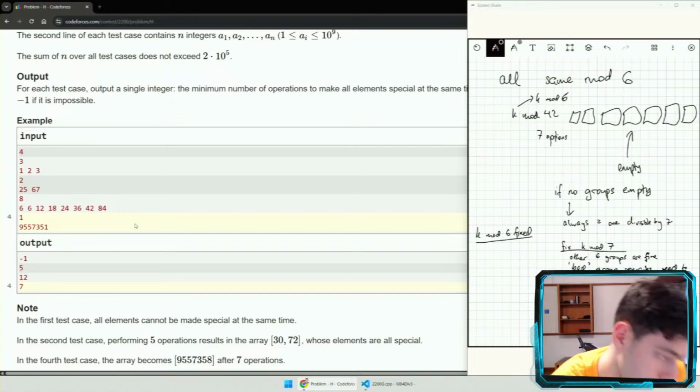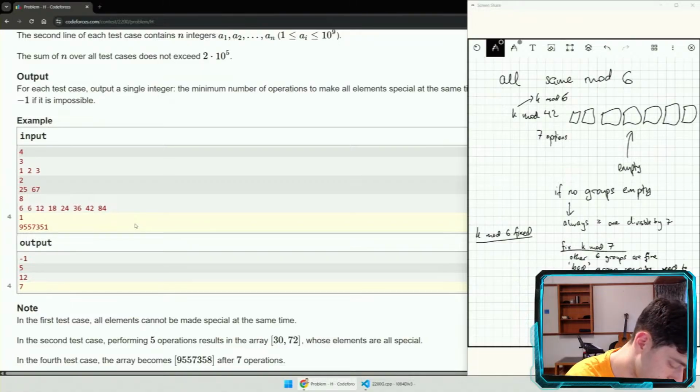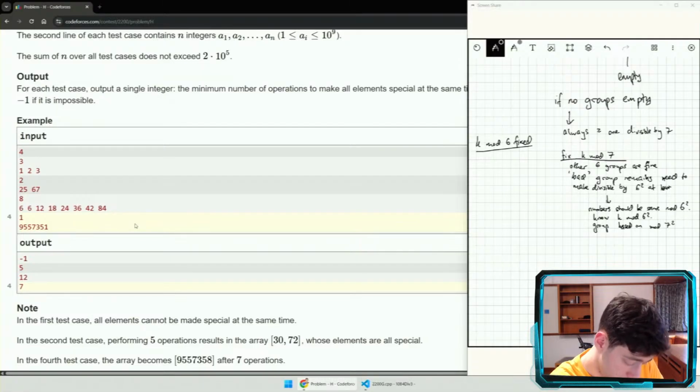What? The value modulo 7. Oh, you can't see anything I'm writing. We group the values based on their modulo 7 squared because now that we're making these values divisible by 6 squared, they'll be fine as long as they're not also divisible by 7 squared. So the power of 6 should be greater than the power of 7. So a group based on mod 7 squared.